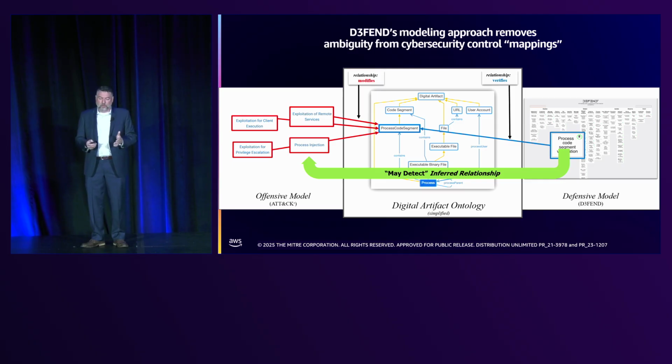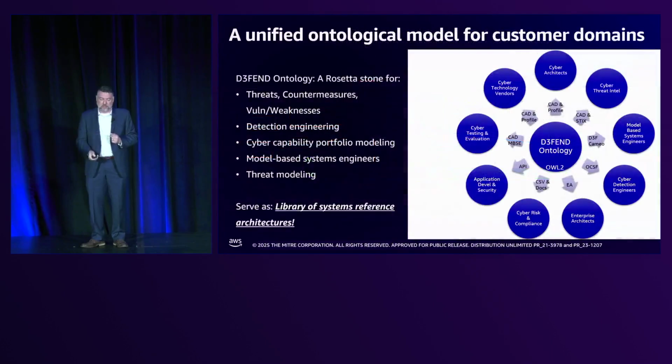And what's really interesting, as I said, is there's 500 artifacts currently out there, and the control mappings that go between Defend and then ATT&CK, and back to the digital ontology method. So it brings us to the point of, all right, what does Defend become?